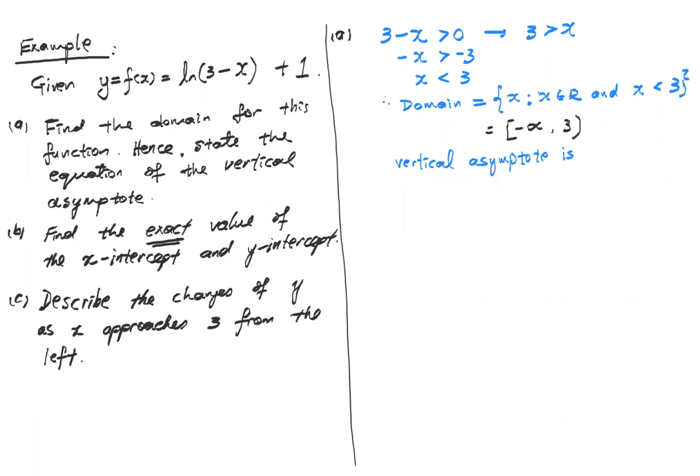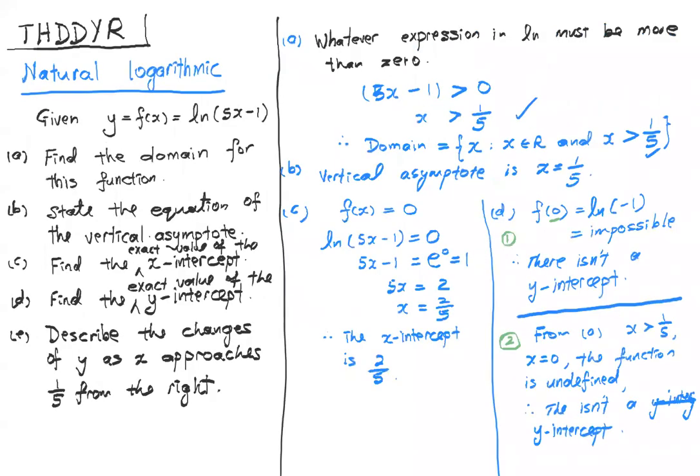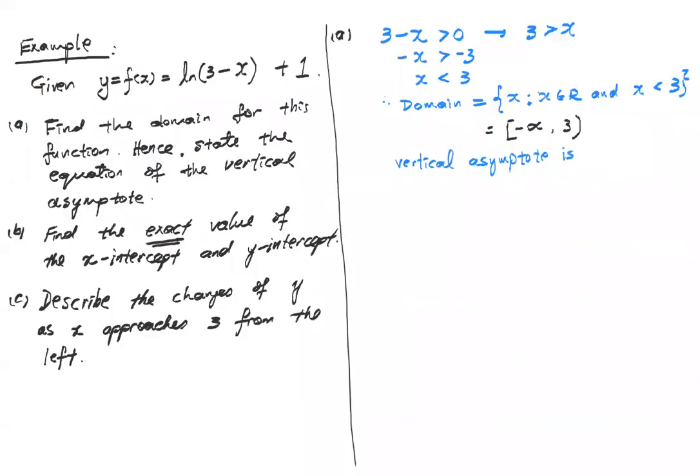Vertical asymptote is 1? Why do you say 1? Just now, if you have a look at this question, where do we get the answer for the vertical asymptote? So you tell me, for this particular question, what is the equation of the vertical asymptote? It's 3.